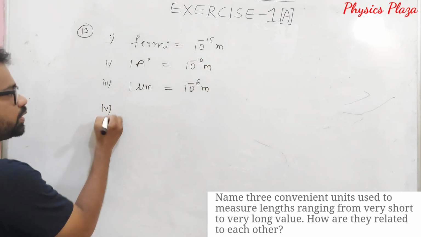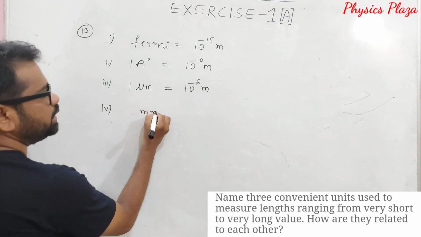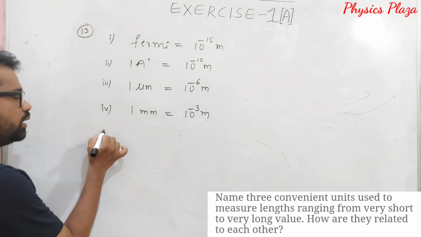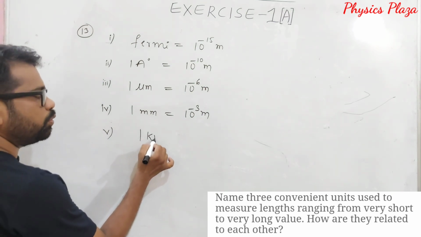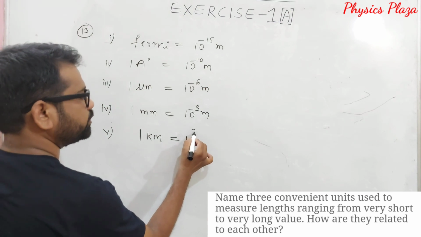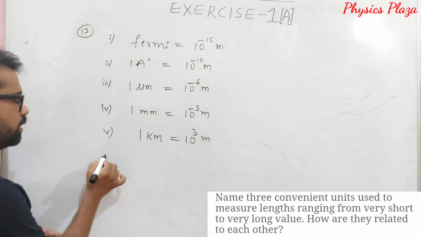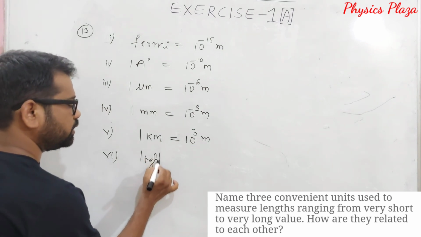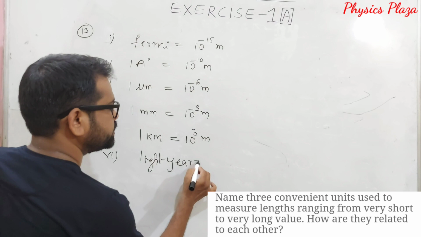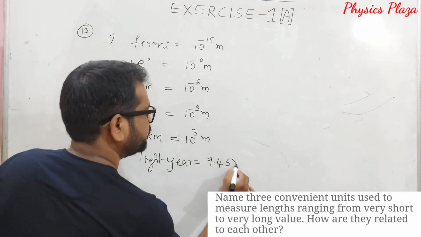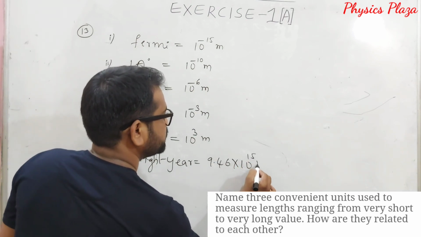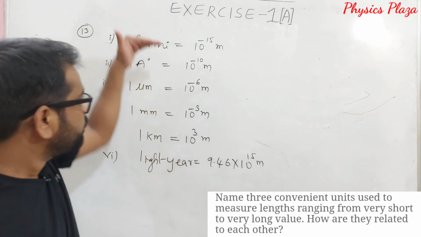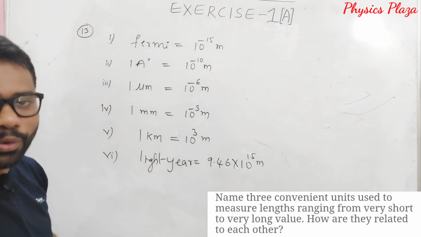Now fourth one, let us take 1 millimeter, which is 10 power minus 3 meters, and the fifth one, let us go for 1 kilometer is equal to 10 power 3 meters, and let us go for one more also. We can take a light year. So here light year is equal to 9.46 into 10 to the power of 15 meters. Actually they asked us to write 3 only, but let us learn extra also. So this is smaller to big, copy it.